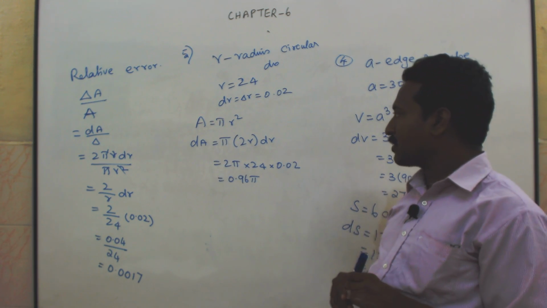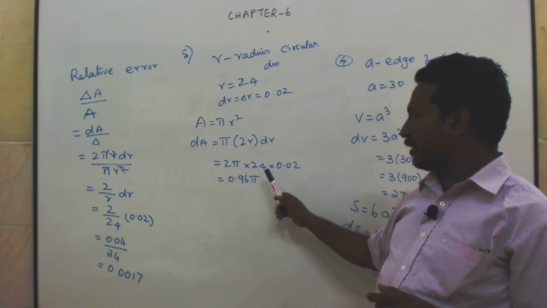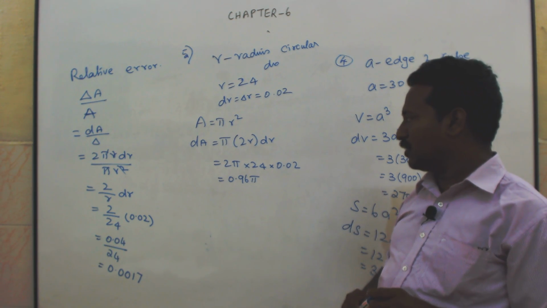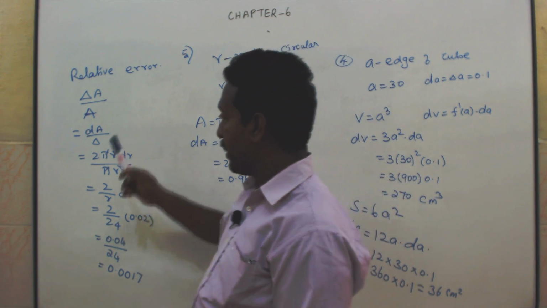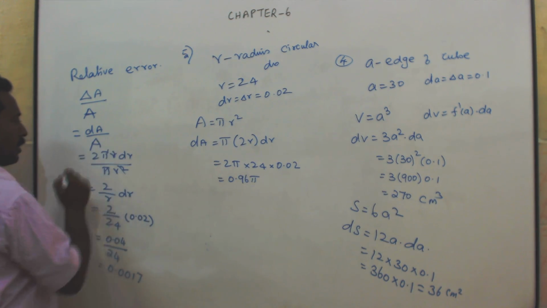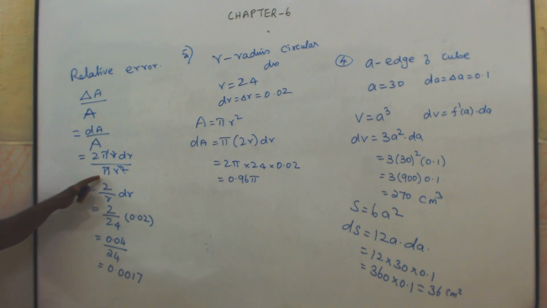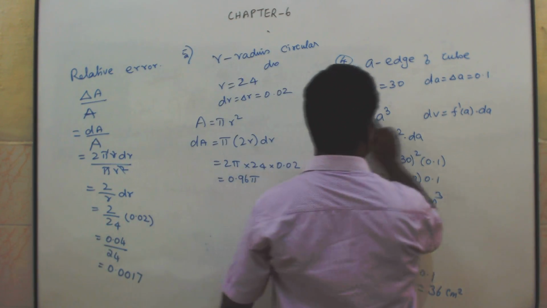A equal to pi r square, so dA is pi into 2r dr, that is 2 pi into 24, 0.02, giving 0.965. Relative error means delta A by A, that is dA by A. Substitute the dA value and A value and simplify, you will get this result. Here is one more important example sum given in the book.